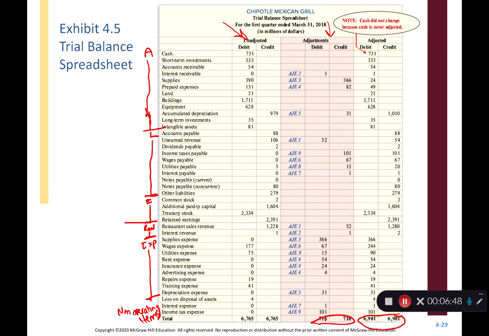The equity account you may not be familiar with is treasury stock. We'll talk about that in a later chapter, but that's when a company buys back its own stock. And then we have revenues and expenses that show up on our operating section, and then the non-operating items like gains, losses, interest income, interest expense, and dividend income, and then income taxes.